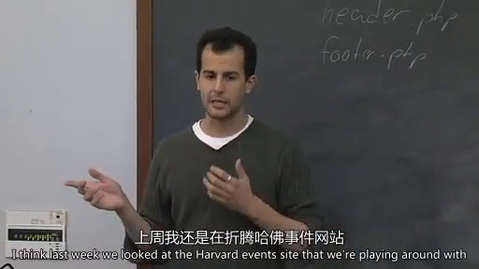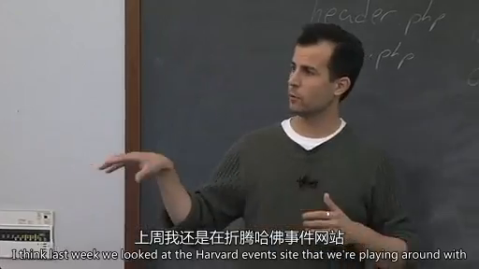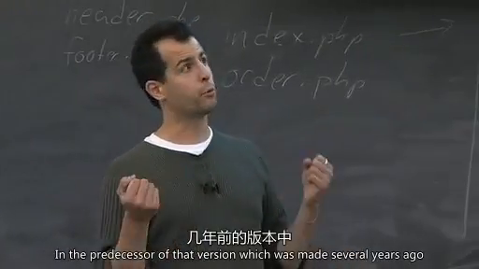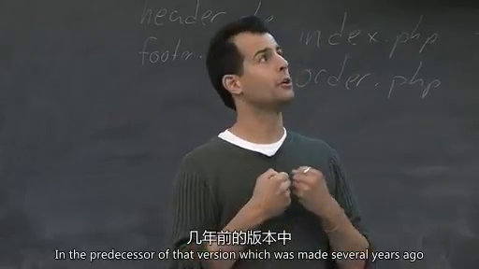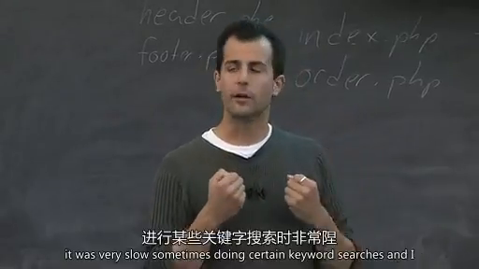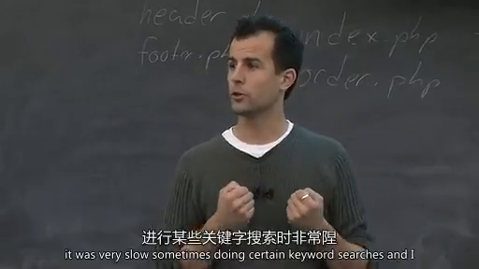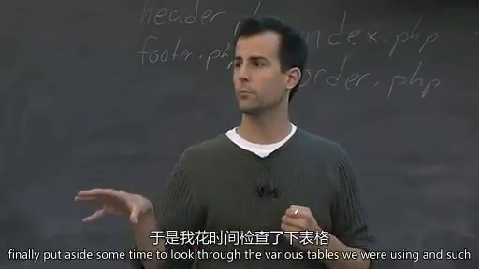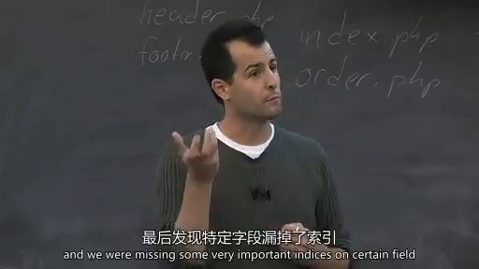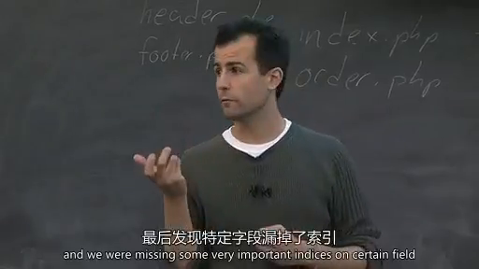I think last week we looked at the Harvard events site that we were playing around with, and the predecessor of that version, which was made several years ago, was very slow sometimes doing certain keyword searches. And I finally put aside some time to look through the various tables we were using and such, and we were missing some very important indices on certain fields.